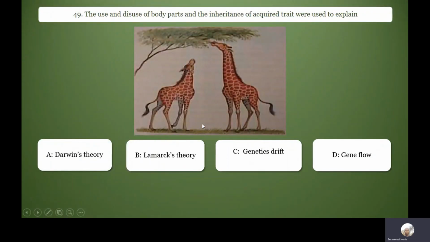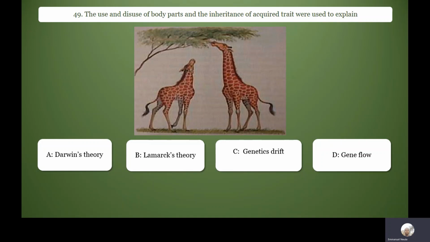The use and disuse of body parts and inheritance of acquired traits were used to explain Lamarck's theory of evolution. So 49 is B. It's actually called the theory of use and disuse of body parts.